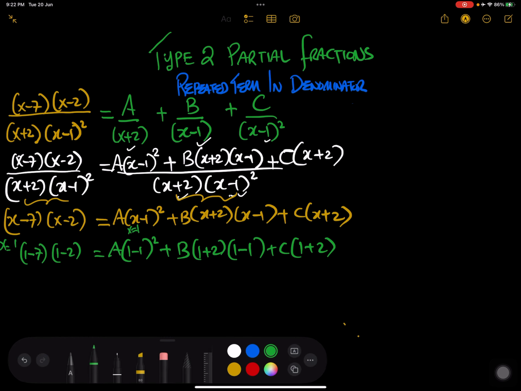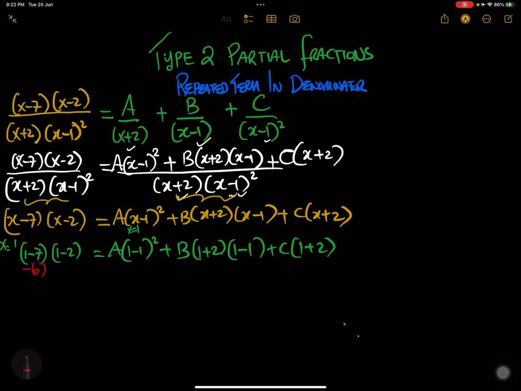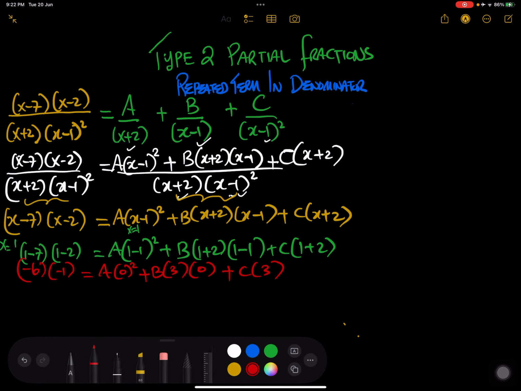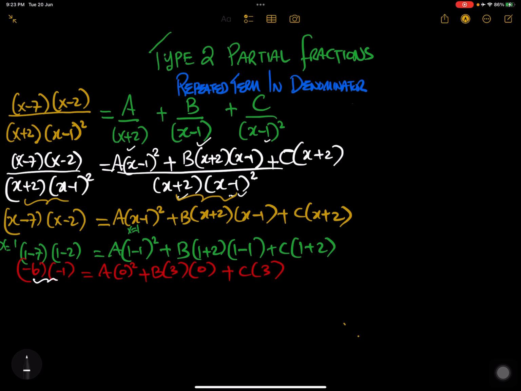Now, this is going to give us negative 6 into negative 1, which is equal to A into 0 squared, plus B into 3 and 0, plus C into 3.